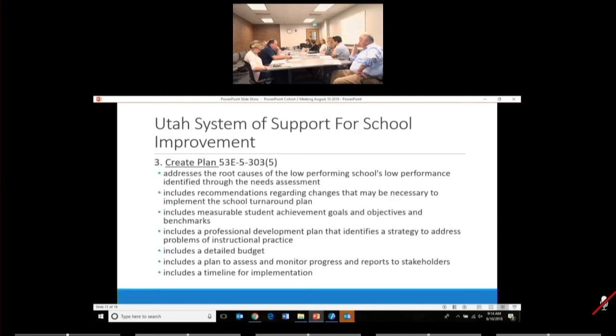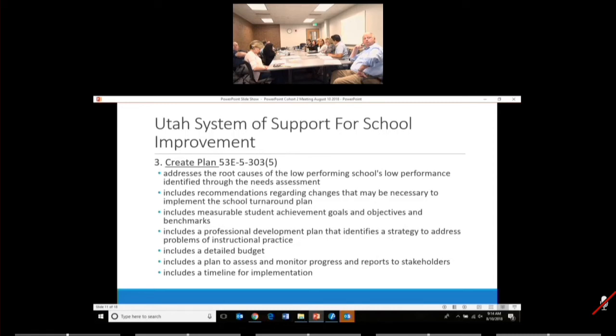Interestingly enough, I added this slide because, as I was preparing for today, I read through all the materials, the board rule and the law. The board rule doesn't mention this, but the law does. It actually has steps. It says these things are required in a school improvement plan, and these are the bullet points that the actual bill, SB 234, says.